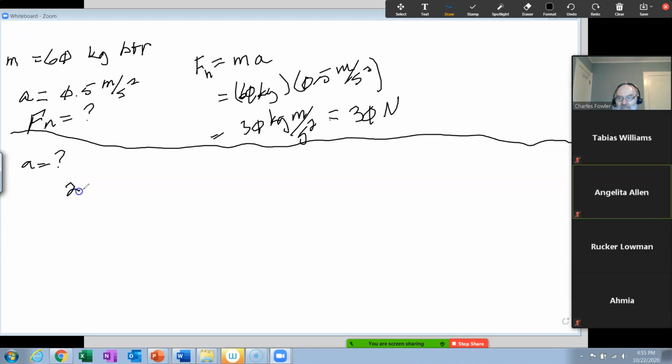20 kilogram would be measuring what? What does kilogram measure? Mass. Excellent. Okay. And if the net force on it, so here's the net force, F sub n, is equal to 40 newtons.